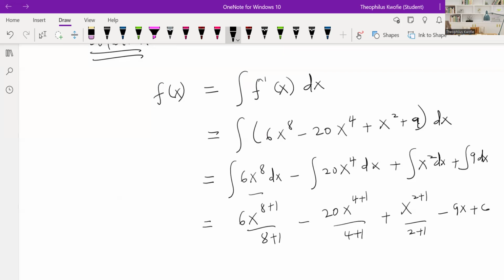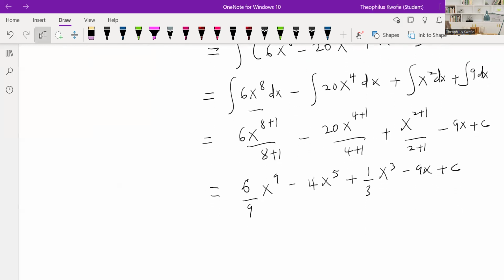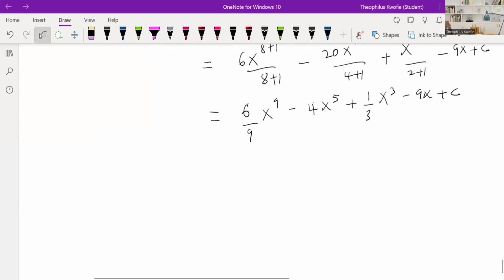So this result is not unique at all. So this is our result.